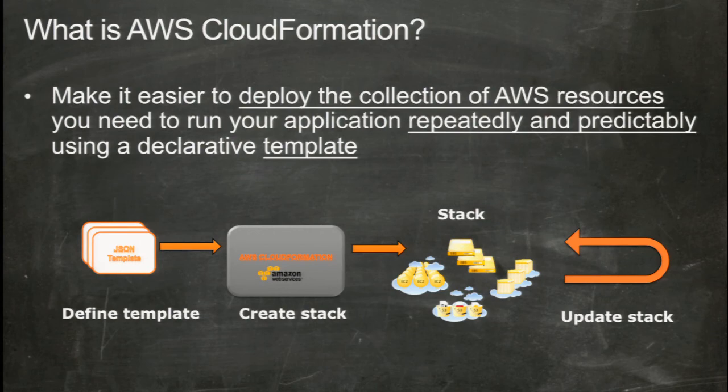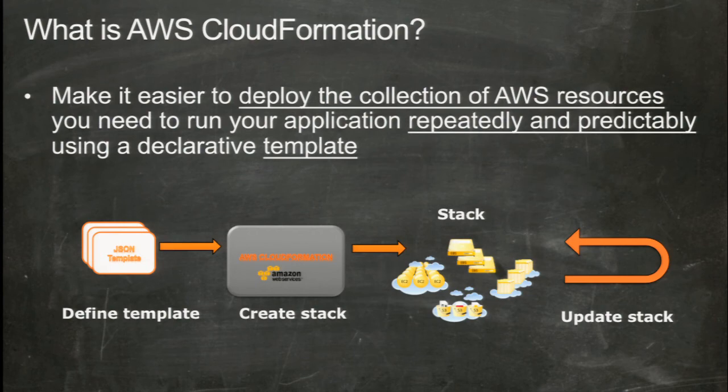It's not a script. So you just list out the set of resources with the properties that you need for that particular application. You can also specify dependencies between resources. So for example, you might need the instances to come up after the load balancer. You can specify those kinds of dependencies so that you can order the things as they come up.